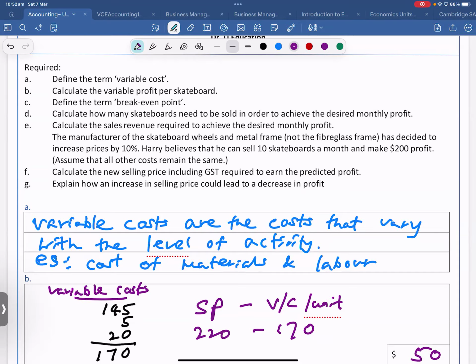Yes, but not too much. Rather than consumption, you can talk about demand. So what G is asking: explain how an increase in selling price could lead to a decrease in profit.